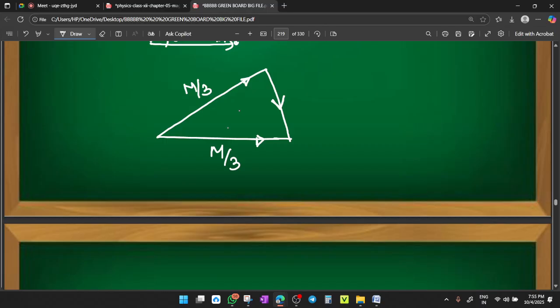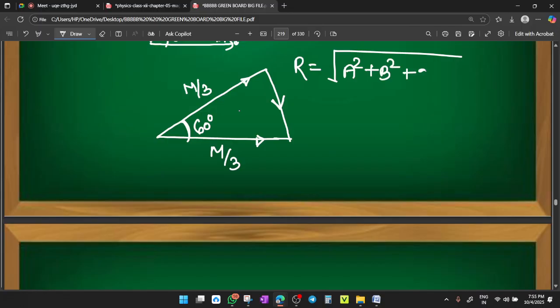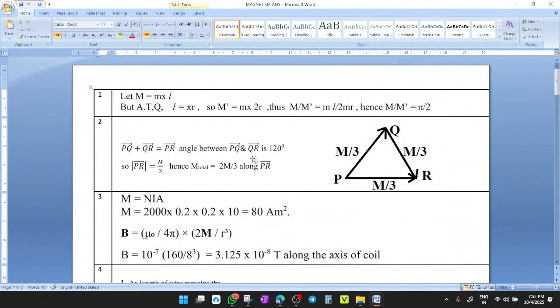This should be the resultant magnetic moment. Clear or not clear? The resultant of two vectors is given by R equals under root A square plus B square plus 2AB cos theta. Clear? So using the vector concept, find it.